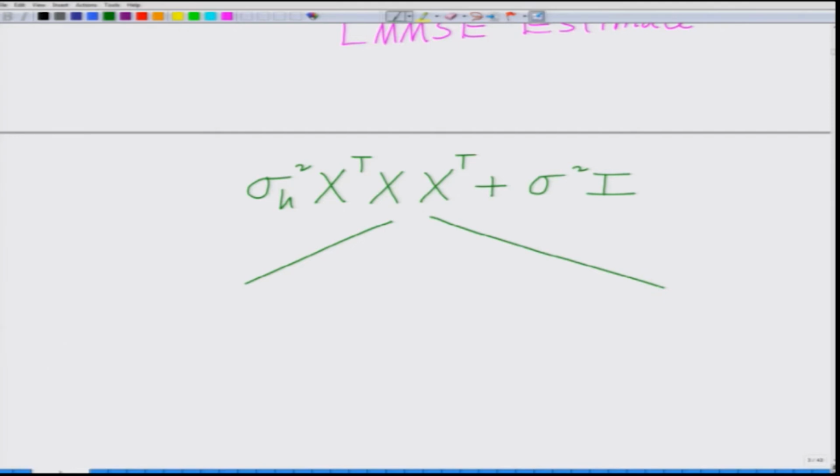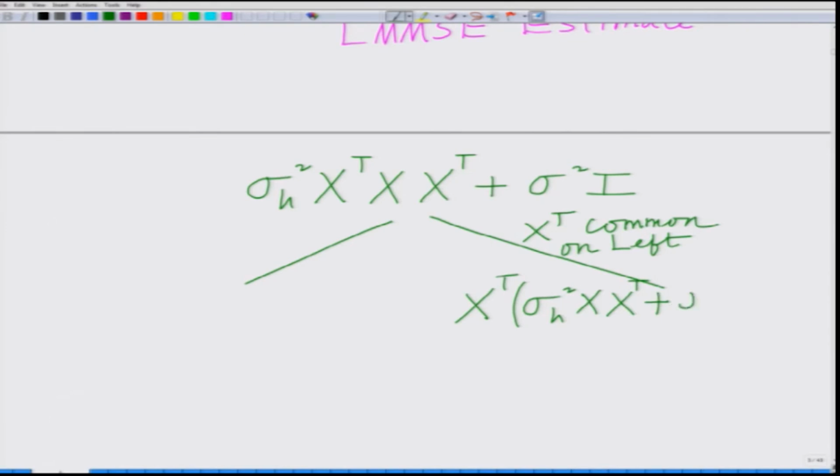I can take x transpose common on the left. Taking x transpose common on the left, that will give me x transpose times sigma h square x x transpose plus sigma square times identity.